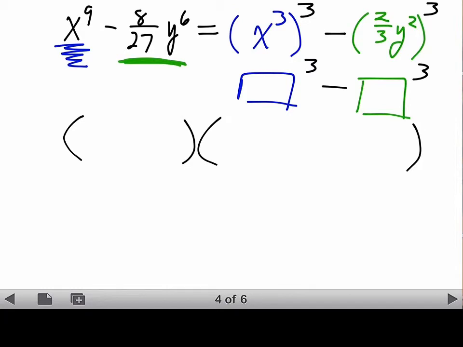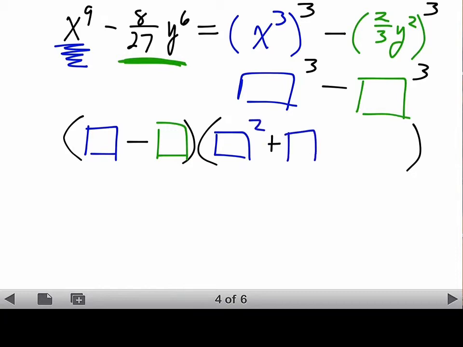For the first set of parentheses, we're going to drop the cubes. And I have blue minus green. For the second set of parentheses, we're going to have blue squared. Now it's the opposite sign, so plus blue times green.